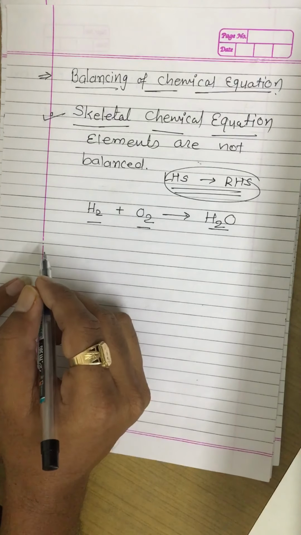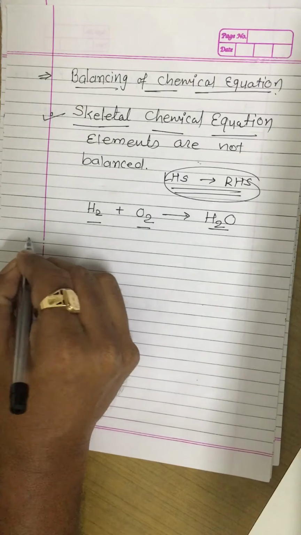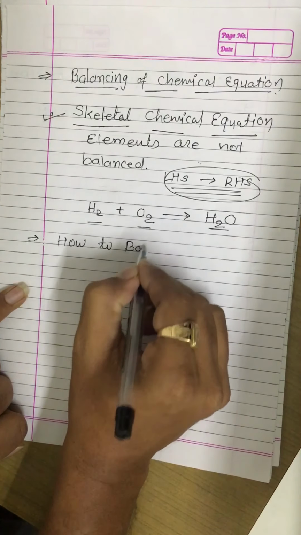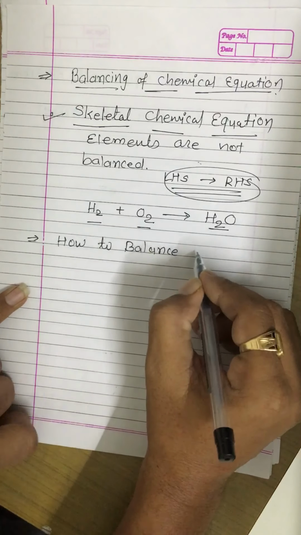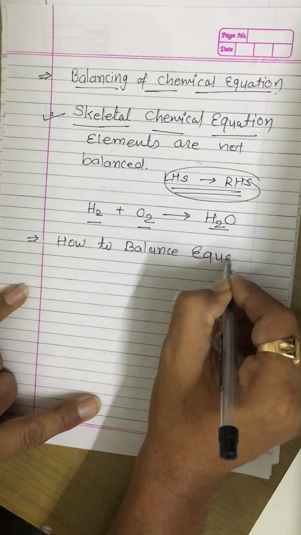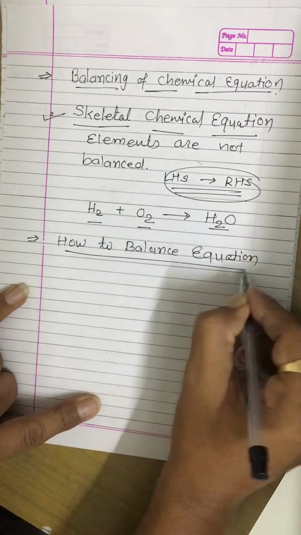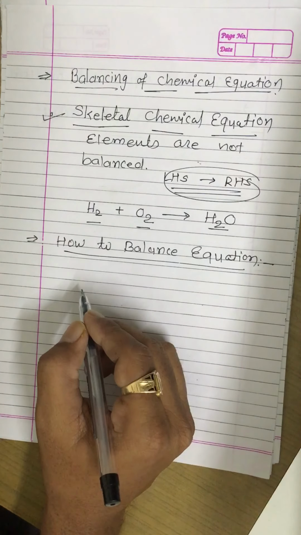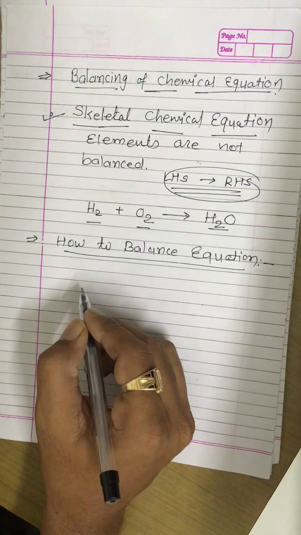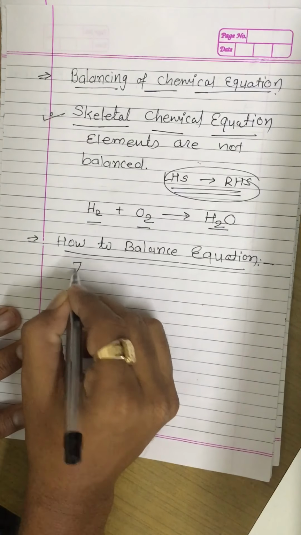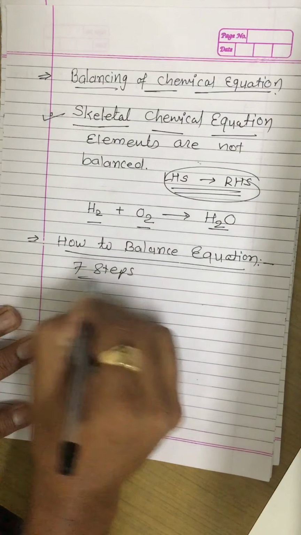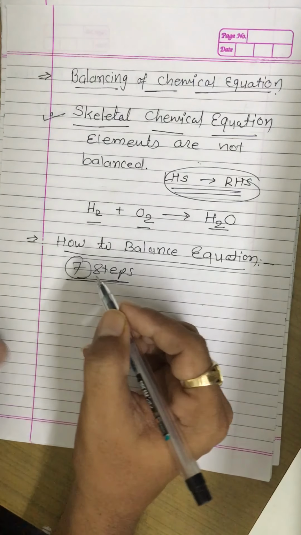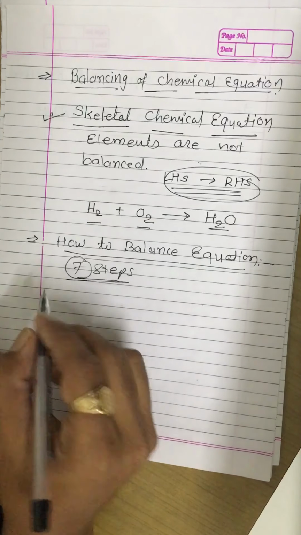Now, friends, in this chapter the important thing we have to learn is how to balance a chemical equation. An equation can be balanced by a specific method, and to learn this method we have to follow, friends, a total of 7 steps. Remember, total 7 steps are there.